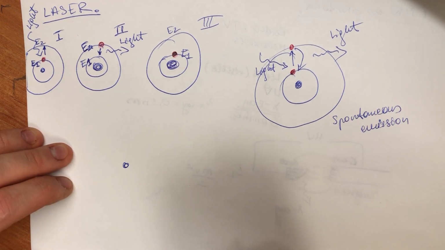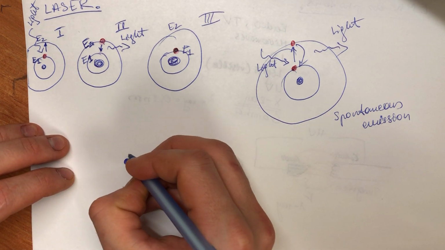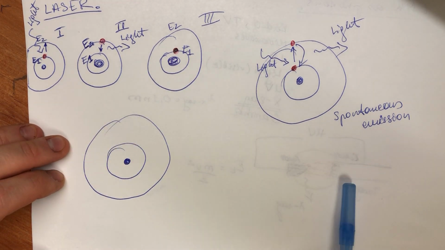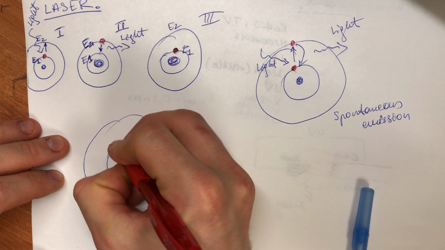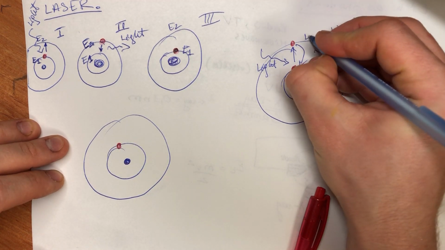Spontaneous emission. But what happens if the electron was in this E1 state? This is E1, this is E2.